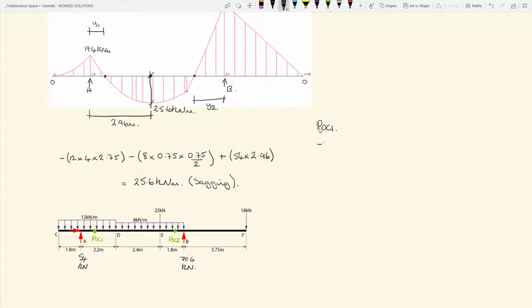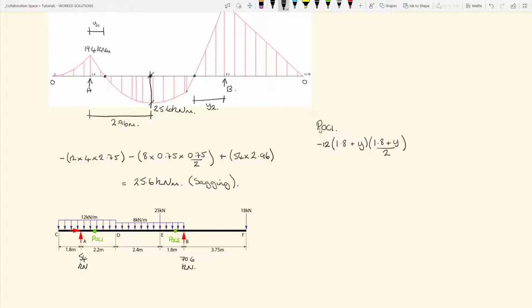So we have minus 12 times 1.8, that's the distance over which the load acts between the free end of the cantilever and the support at A, plus our unknown y. That gives the magnitude of the load, and then that is multiplied by the lever arm, which is the 1.8 meters plus y, all of that over 2. So that's your lever arm.